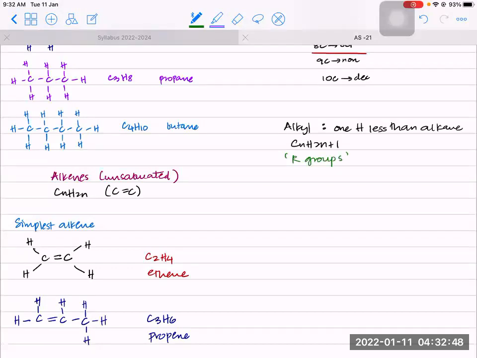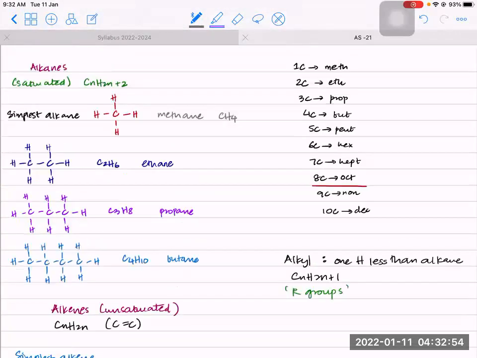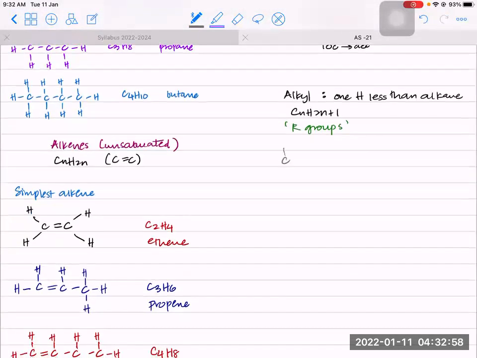What do we call them? R groups. Now, let's see an alkane. You have CH4, that's the simplest alkane, methane. I'm just writing the formula, CH4. This is methane. One hydrogen less would mean CH3. So that would be this.